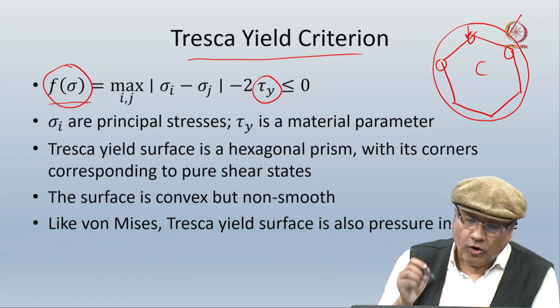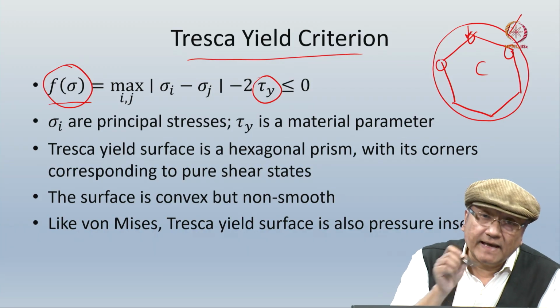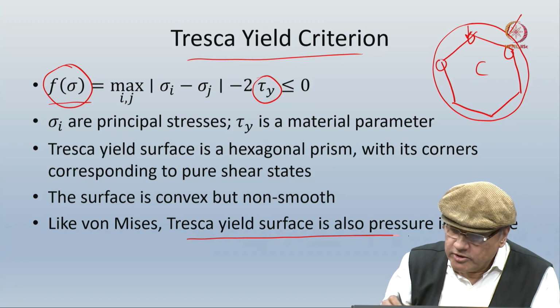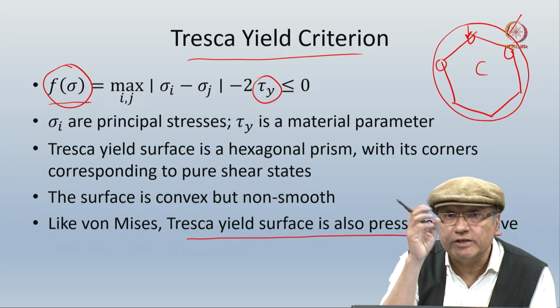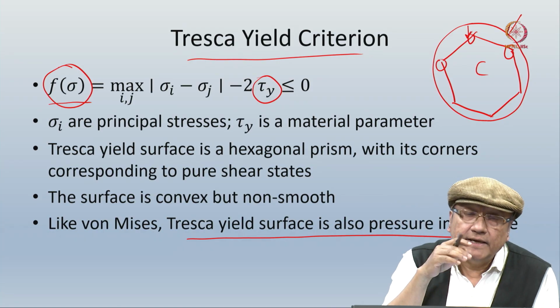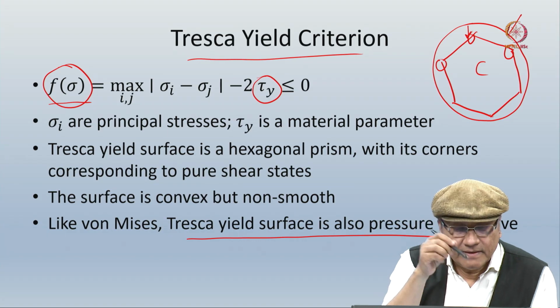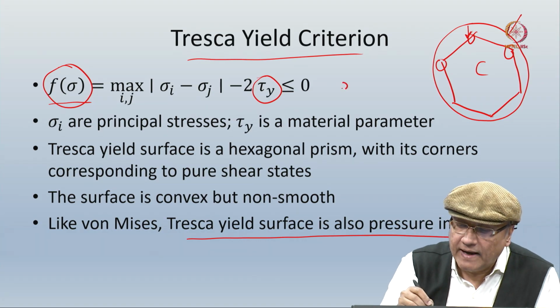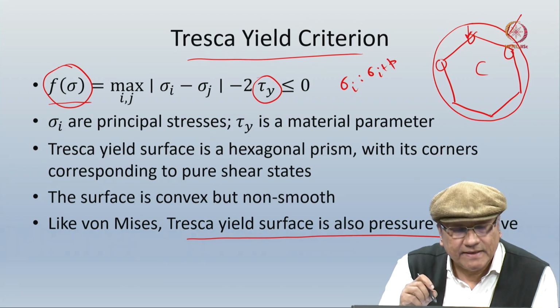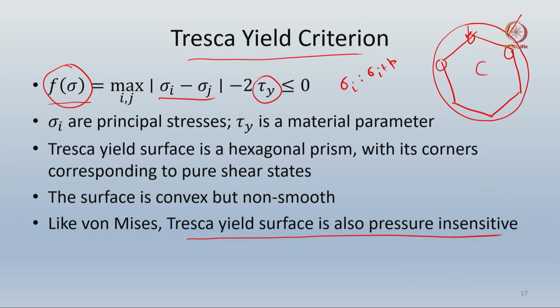But you should also remember here that just like von Mises, the Tresca yield surface is pressure insensitive, because if there is a pressure, it will just be added. So sigma I for each I will become sigma I plus the pressure. You are taking the difference, sigma I minus sigma j, and both will be translated by P. Therefore P will cancel, and it is pressure independent, just as in the case of von Mises plasticity.